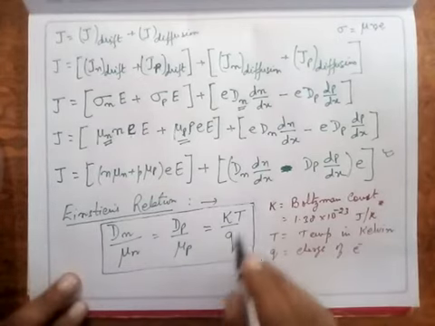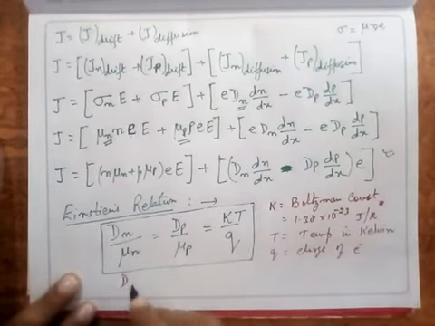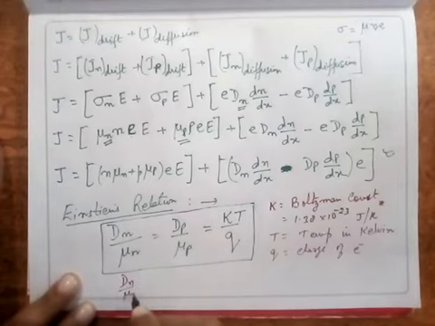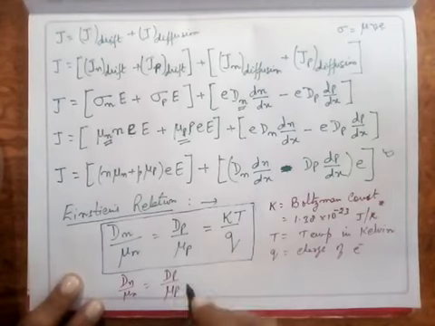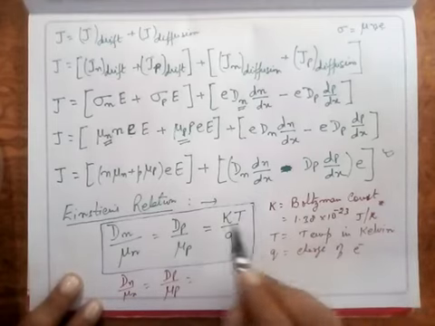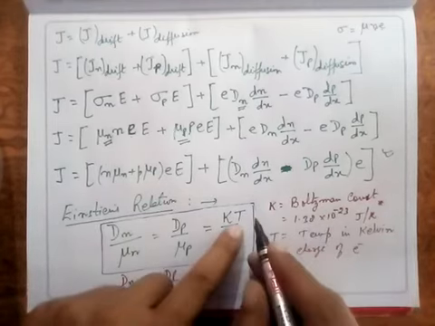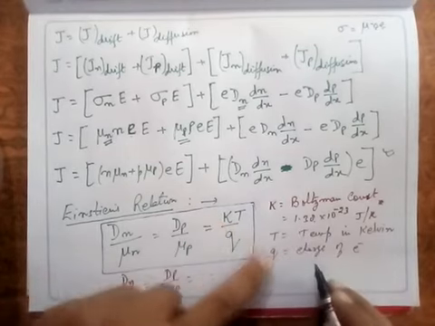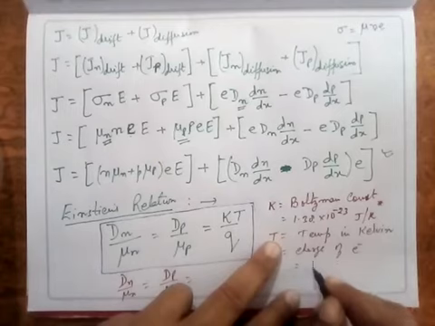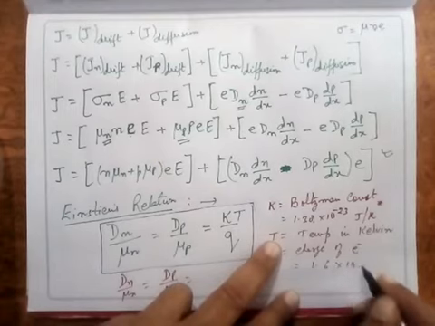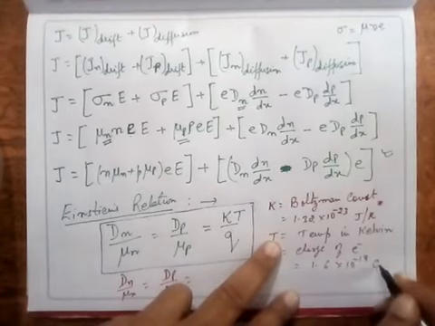And if I substitute this here, DN upon mu n is equal to DP upon mu p is equal to, if I substitute this k is equal to this much, and q is equal to 1.6 into 10 to the power minus 19 coulomb.